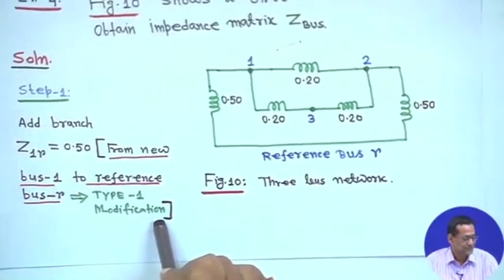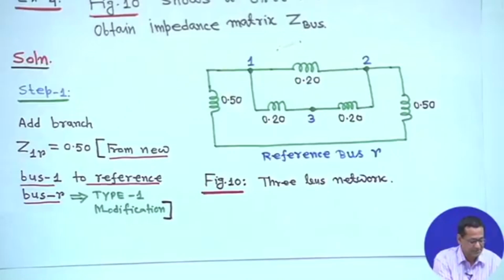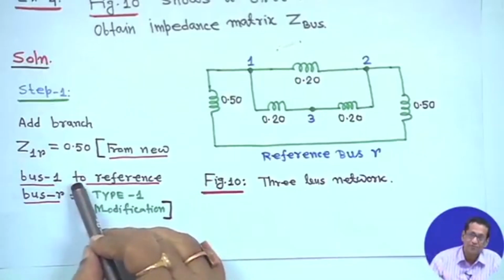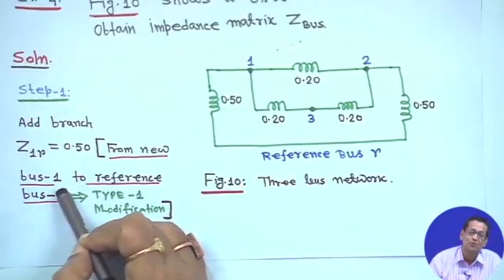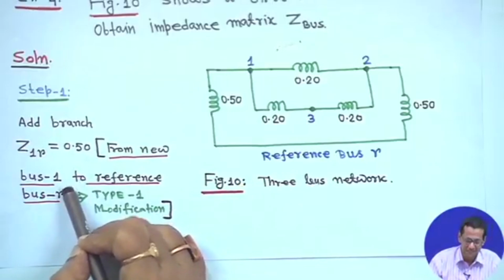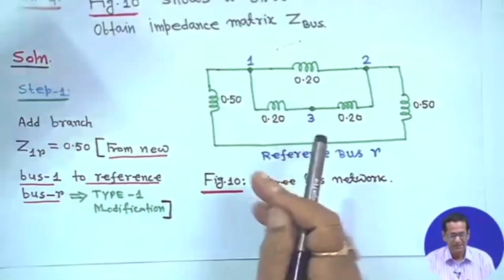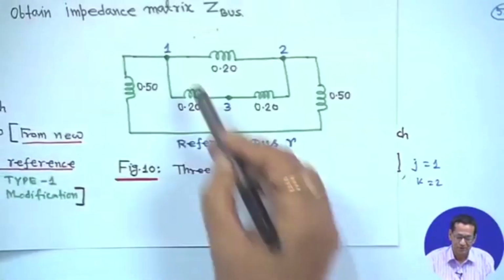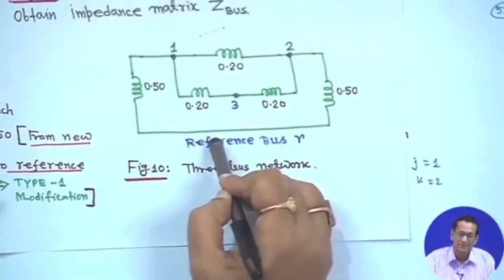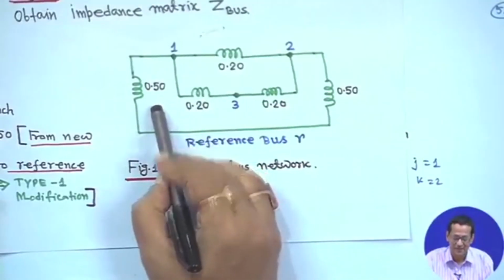Once this bus 1 is considered, in the next step this bus 1 will become an old bus. So, only one element: Z bus, first you start with 0.5, because bus 1 to R, the reference bus, is 0.5.